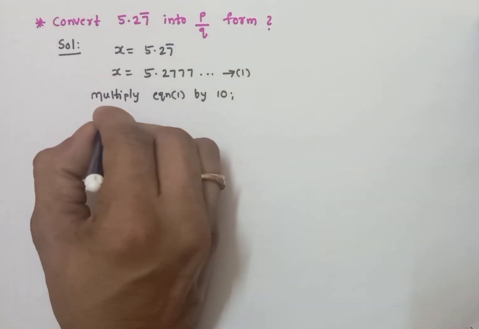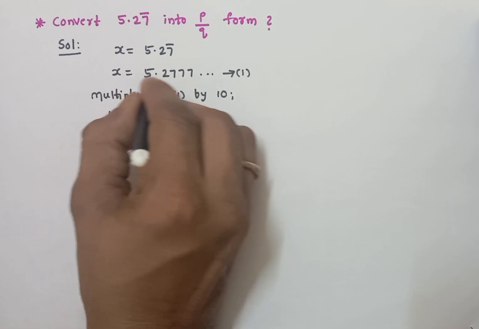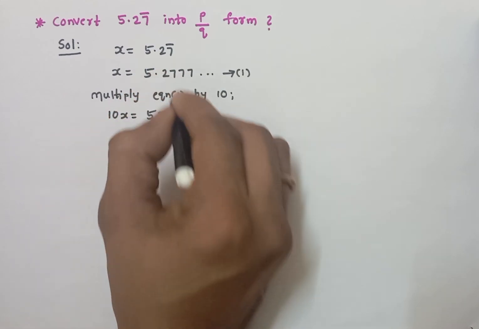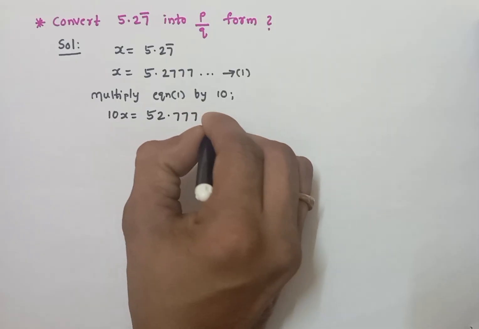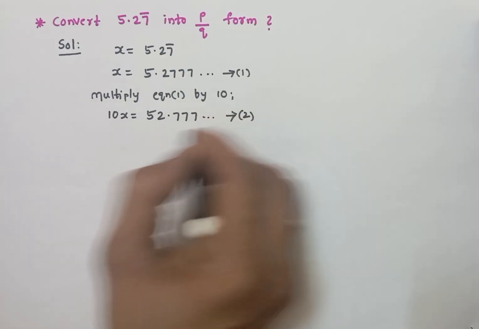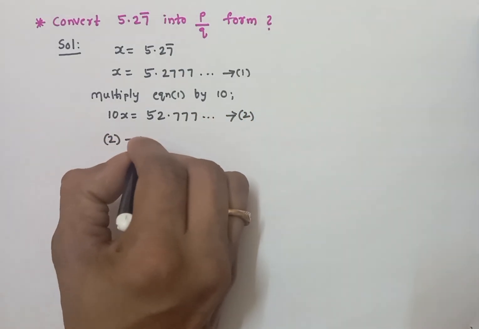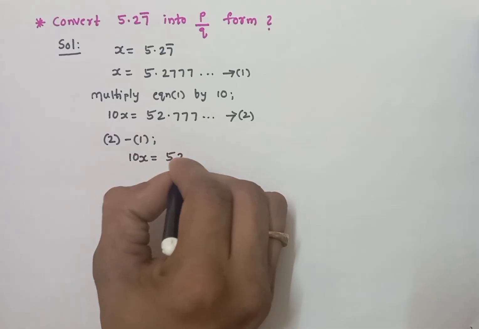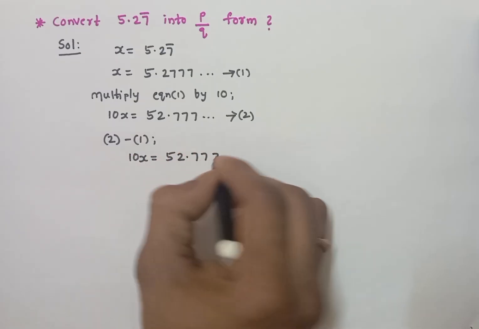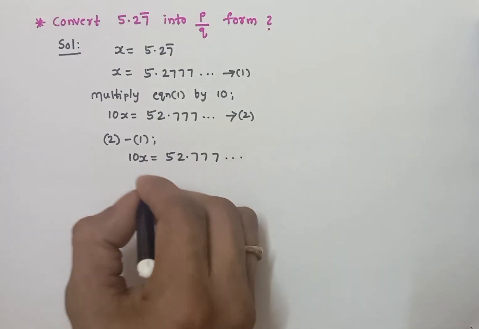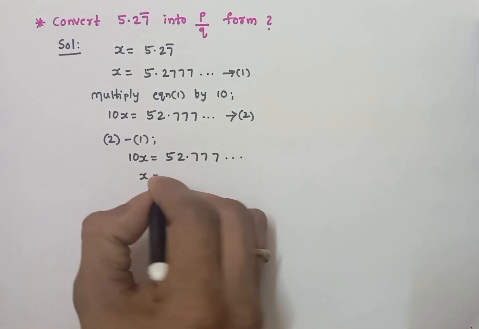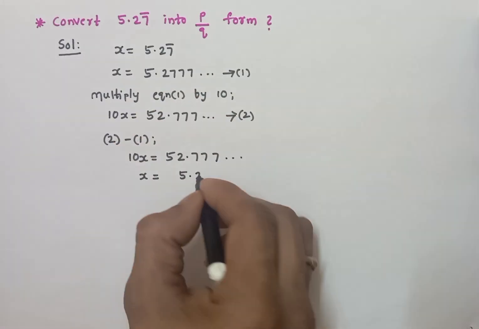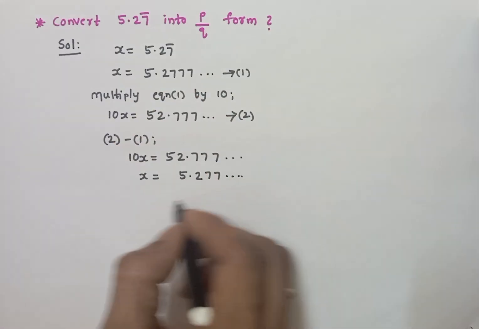So 10x is equal to 52.777 and so on, equation 2. Now subtract the first equation from the second equation, that is 10x is equal to 52.777 and so on, minus x is equal to 5.277 and so on.